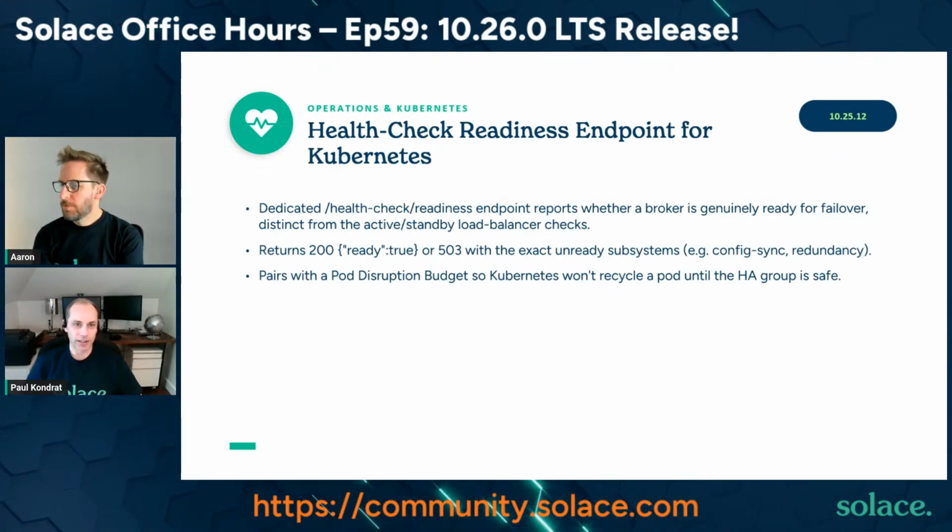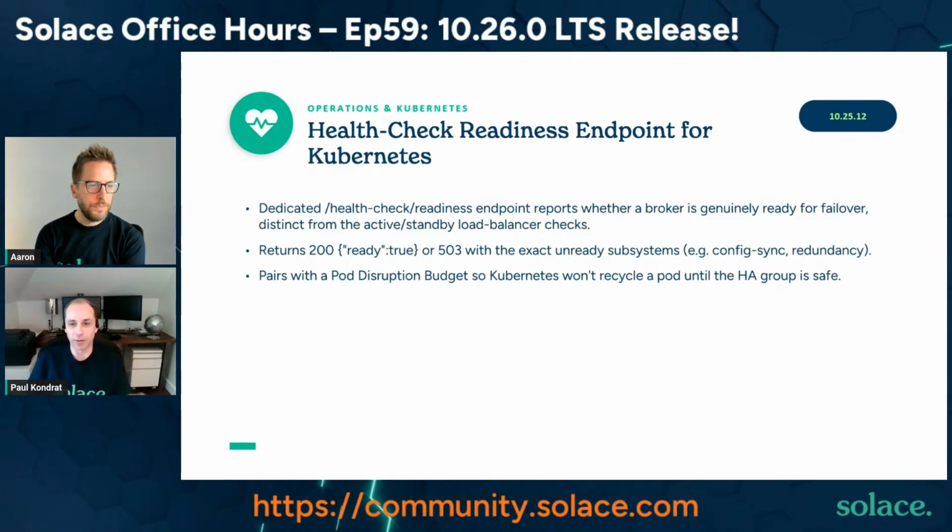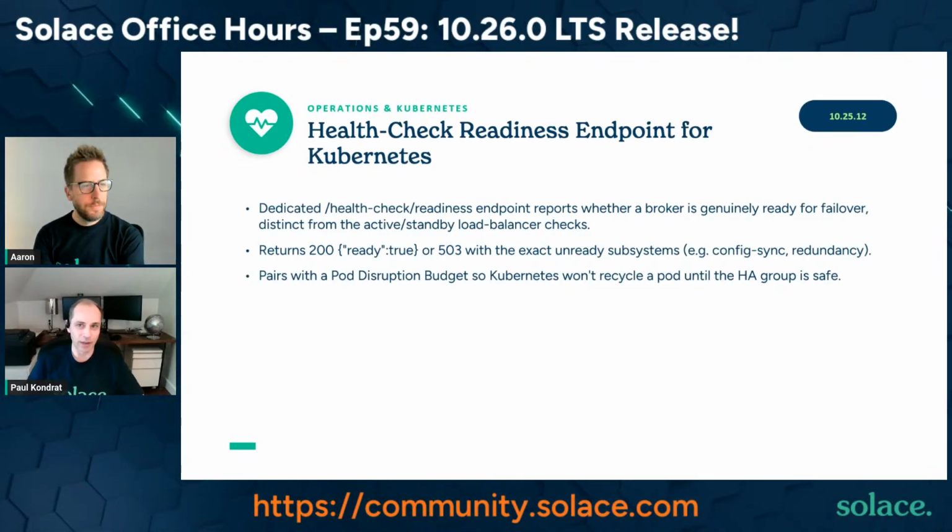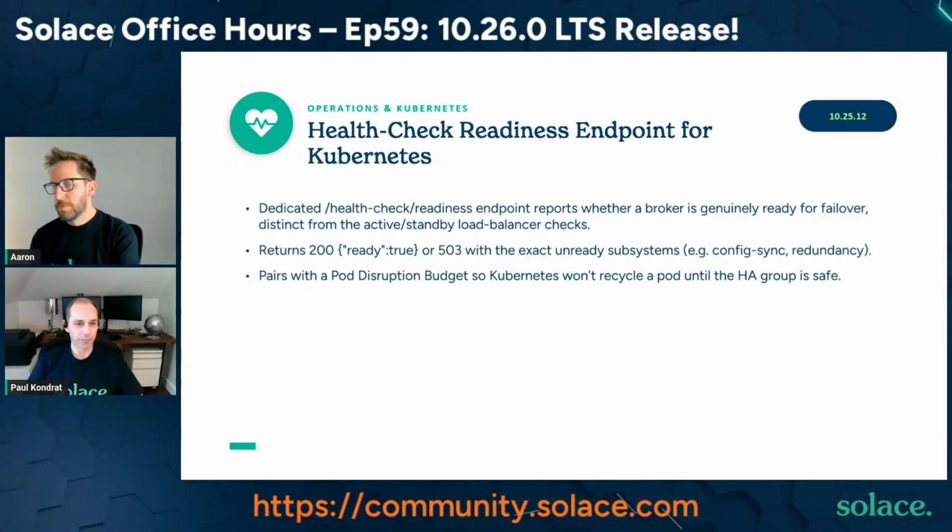So it's pretty specific to Kubernetes. If you're not using Kubernetes, you probably wouldn't have reason to use this, but it'll be baked into the Helm chart. And of course, Solace Cloud will be using it in cloud deployments when they're doing upgrades and stuff like that.